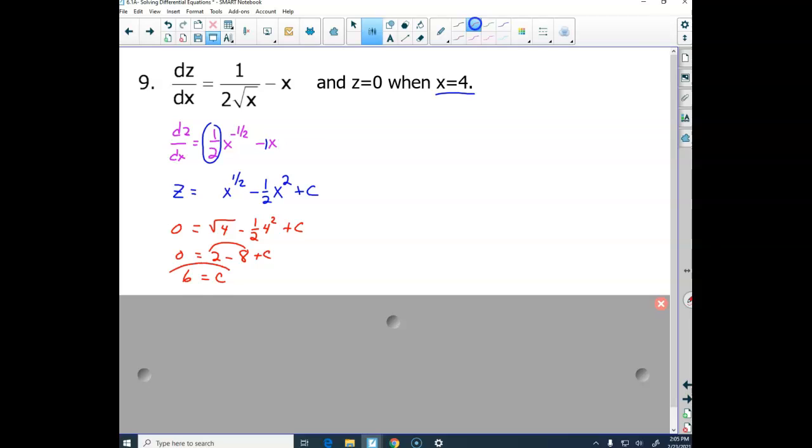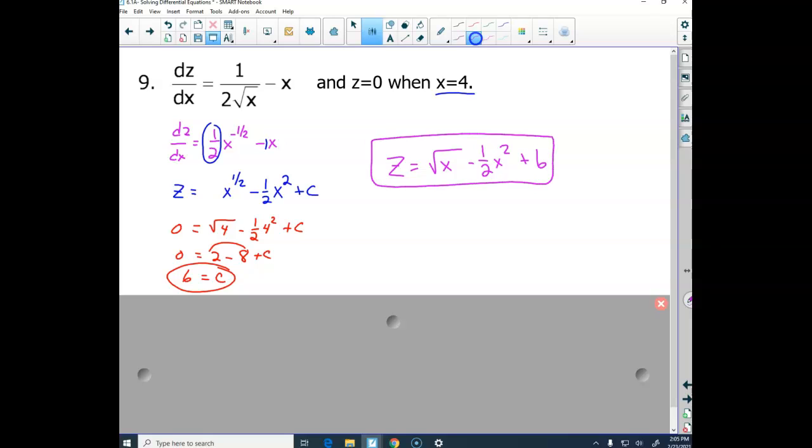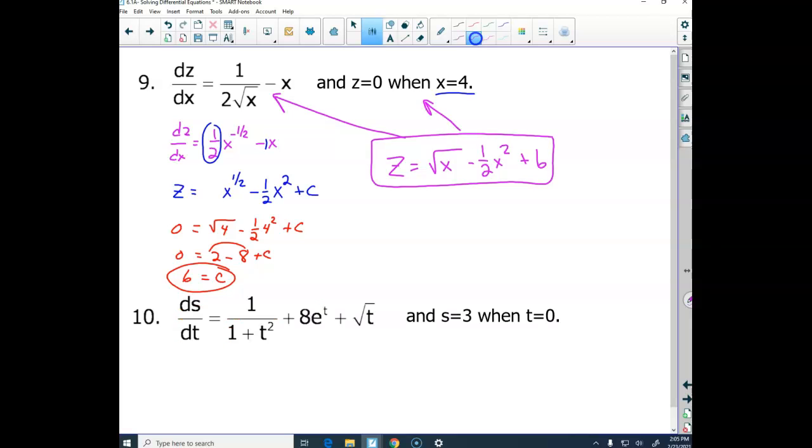There's my c value. So my particular solution is going to be z equals the square root of x minus 1/2 x squared plus 6. And that is the function from which that was derived going through that point. That's exactly what we're doing here.